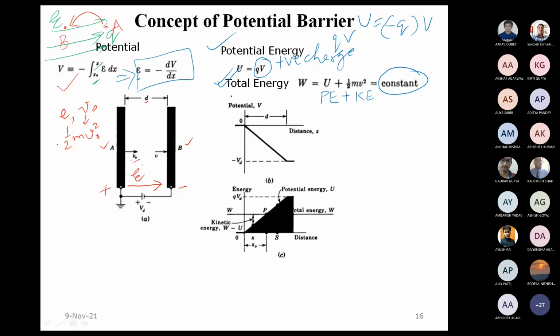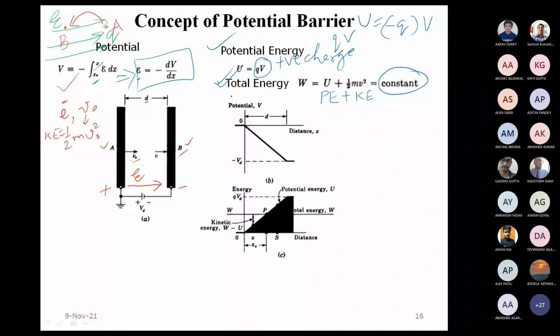This is the initial kinetic energy of this electron. Let us see in what conditions this electron will reach plate B, or may not reach plate B, or let us see what the different conditions are.